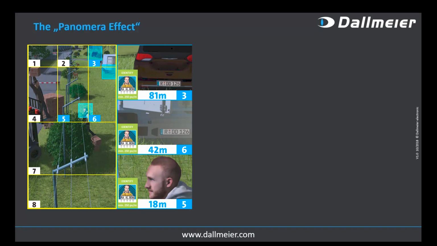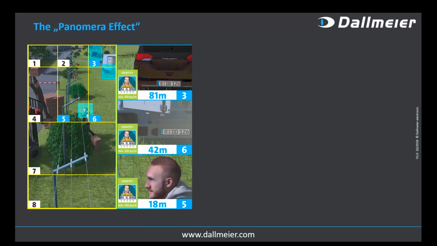Depending on the use case, the Panomera S series is available in different models, depending on the angle that we cover. We can look into the distance, or we can cover a wide or large area, all the way to a runway Panomera system for airports, where I can cover multiple kilometers of runway with only 1 or 2 systems. Depending on the use case, we have the focal length of the sensors arranged differently.